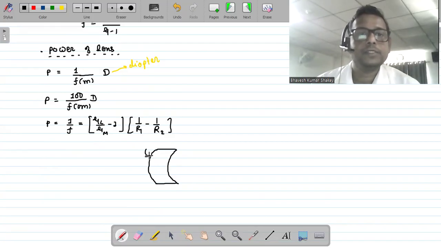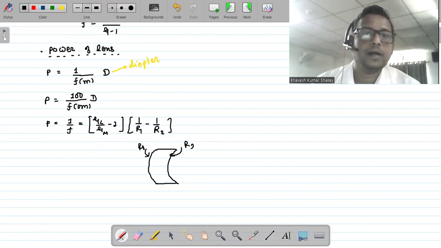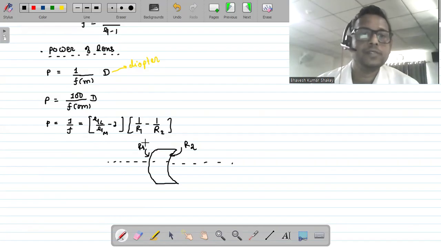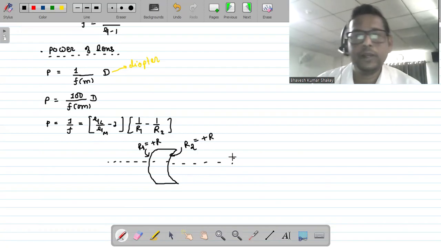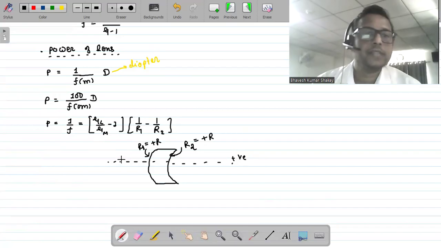Let's say the radius of curvature for this one is R1 and for this one is R2, and the radius of curvature is the same for both spherical surfaces. So here R1 is taken as plus R, and R2 is taken as plus R as per the sign convention. I already explained how to take sign conventions.